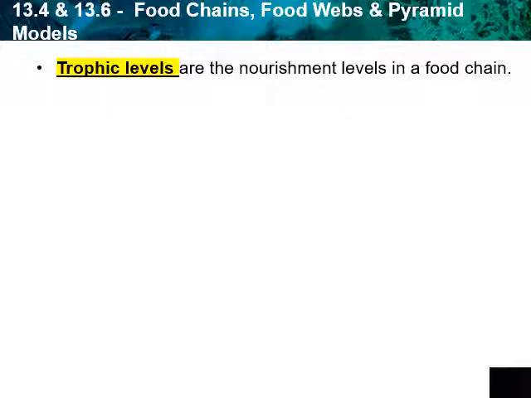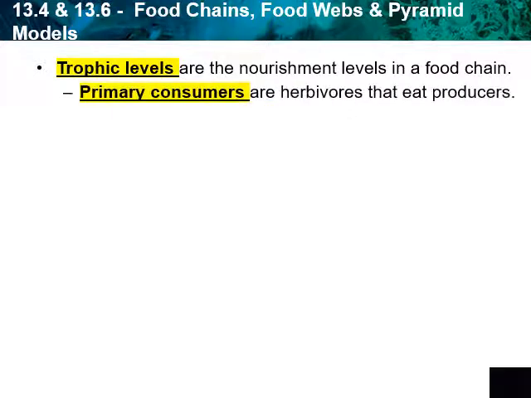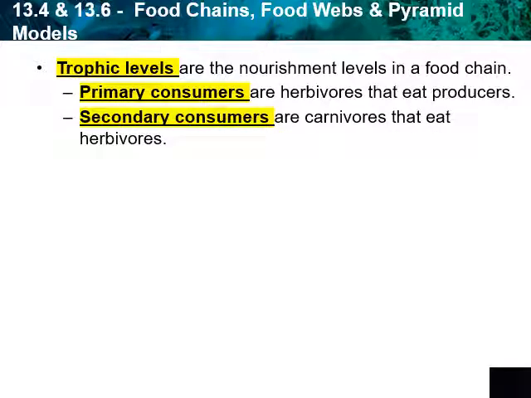Then we have our trophic levels. Trophic levels are the nourishment levels in a food chain. So they're the feeding levels. Are they on the lower feeding levels or are they on the higher feeding levels? Those are the trophic levels. Primary consumers are things that are like herbivores. They eat producers. Those are our first level consumers. Then we have our second level, our secondary consumers. They're basically carnivores that eat those herbivores.